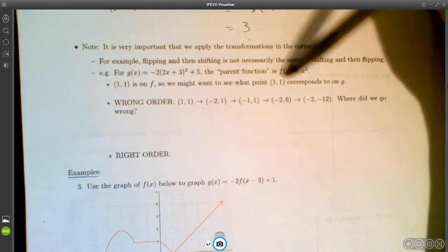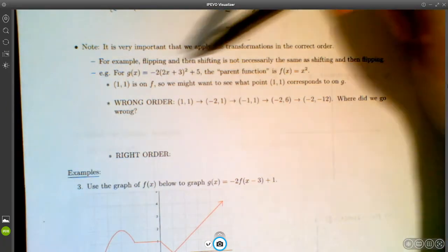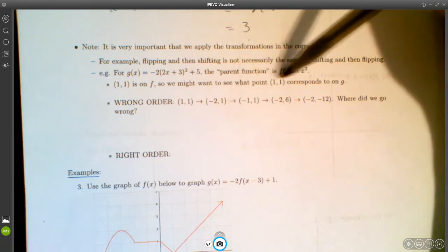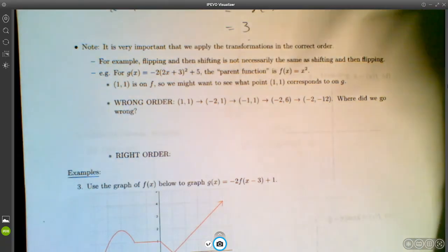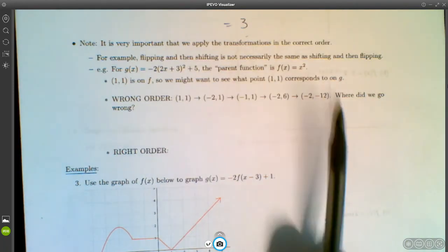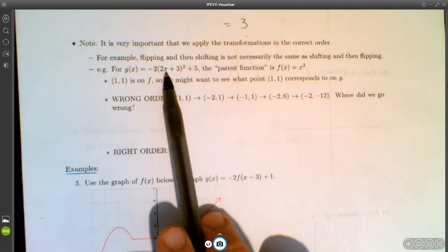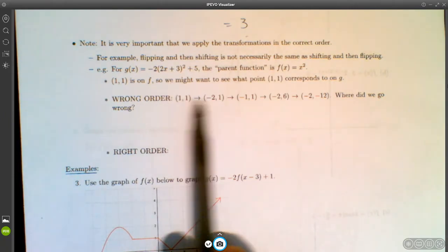Now we know that on the parabola f(x), the point (1, 1) is on that graph. So we might want to see what point (1, 1) corresponds to on the graph of g. If we apply the transformations in the wrong order, though, we're going to run into trouble. So if we take (1, 1), first we would need to subtract 3 from x, right? 1 minus 3 is -2.